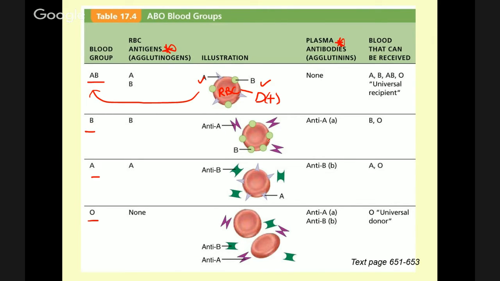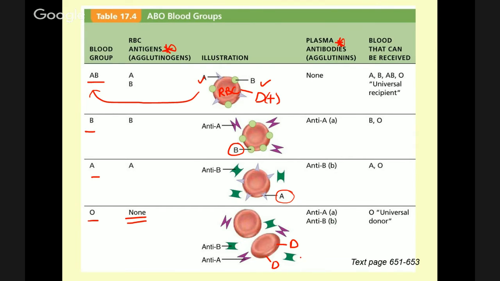What flags are we going to see on the surface of your red blood cell? We're going to see the B flags. If you're type A, we're going to see the type A flags. And if you're type O, we're going to see no agglutinogens, no flags on the surface of your cell for A or B. Now, remember, if you're O positive, you will have a flag. You will have the D flag, okay?